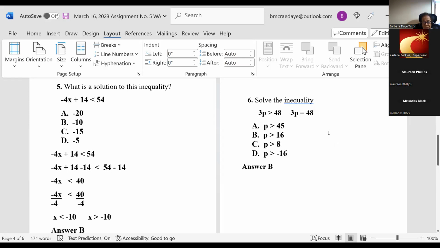Multiplying, you divide. Divide, you multiply. Adding, you subtract. Subtract, you add. Always do the opposite, and they are paired: addition, subtraction, and multiplication, division.